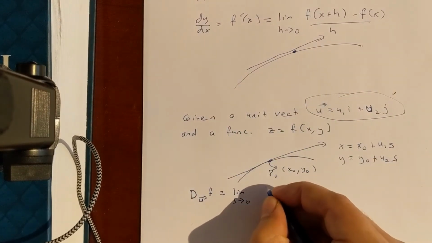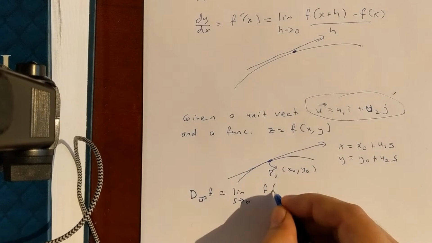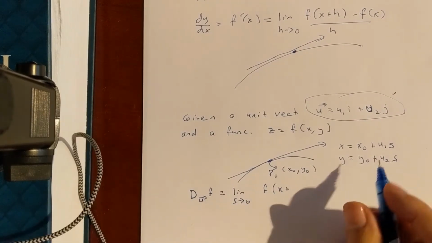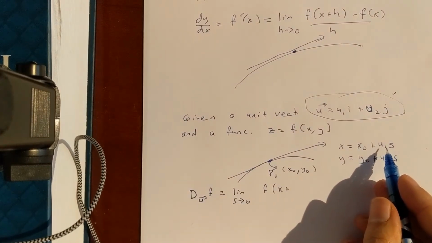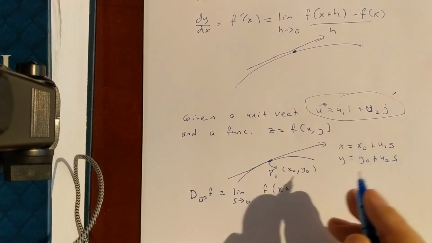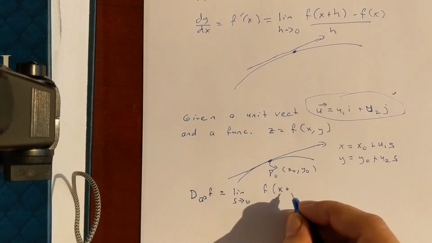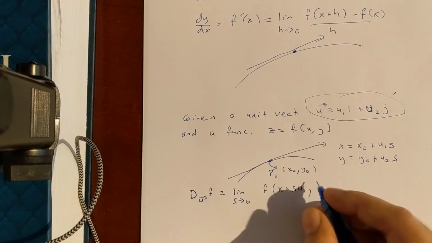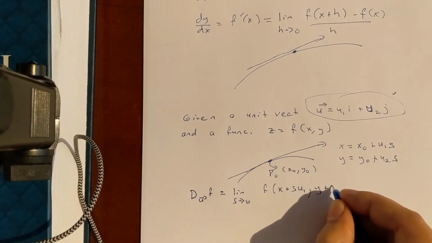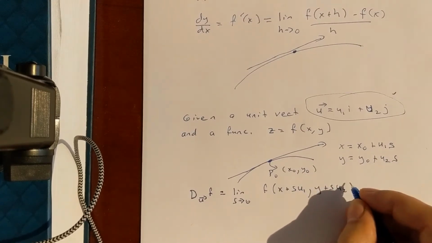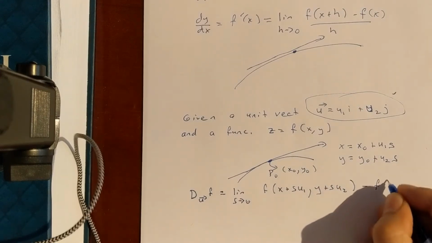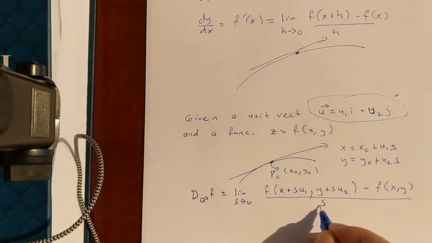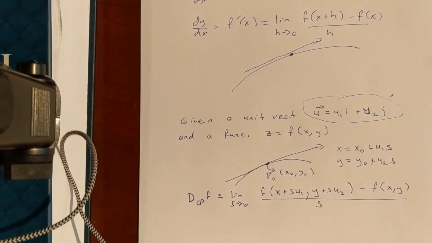In the old days, I had f of x plus h, where h was move h units right. Now you're going to move s times u1 units right, comma, y plus s times u2 units, minus f of x, y, all over s, whatever s is.